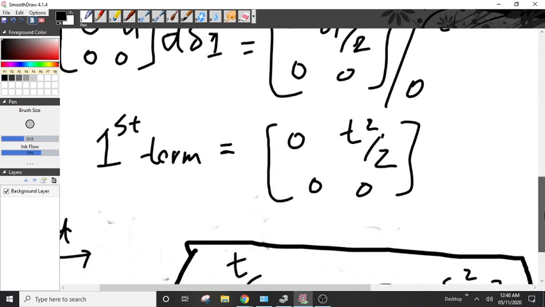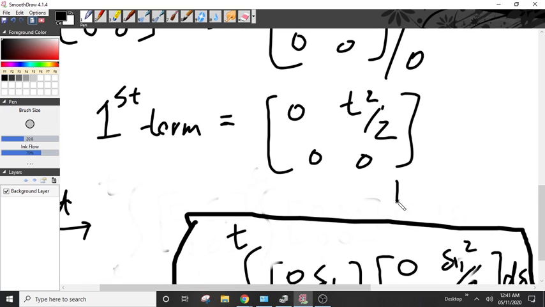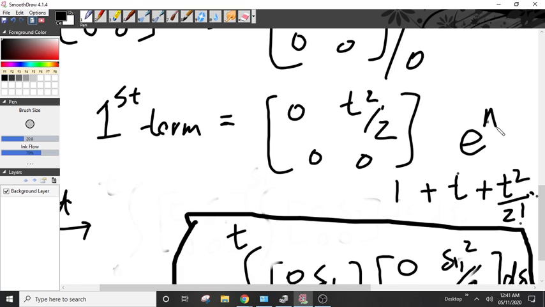So let's say in the first term you have 1, and in the second term when you add that you have t, and then in the third you have t square by 2 factorial. Then you don't need to find the fourth term, because you will know that this series is e power at, and here this a is actually 1. So you can directly say that this series is equivalent to e power t.